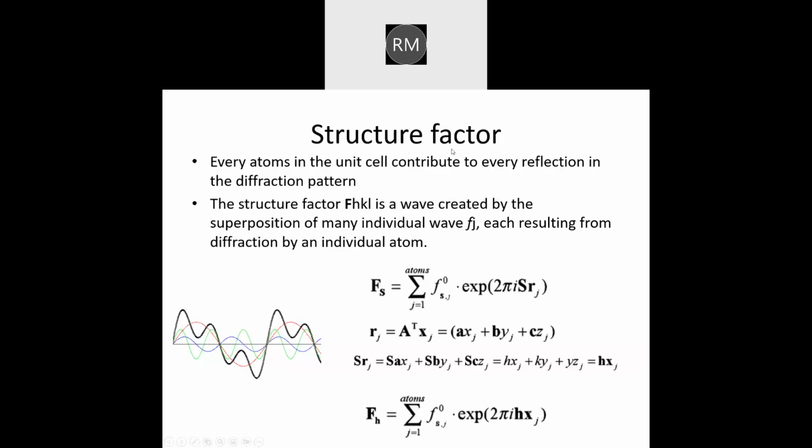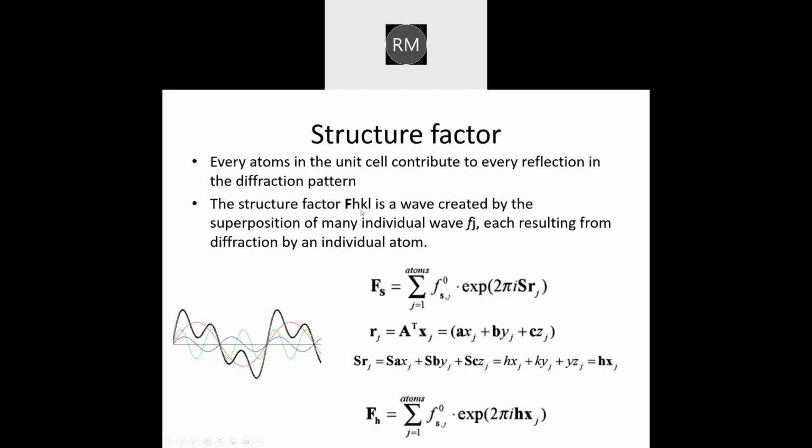So every atom in the unit cell contributes to every reflection in the diffraction pattern. What that means is that the spot which you are seeing in the diffraction space has a reflection from each and every atom of the unit cell or crystal lattice. Each one contributes and produces the structure factor, which is called F(hkl).